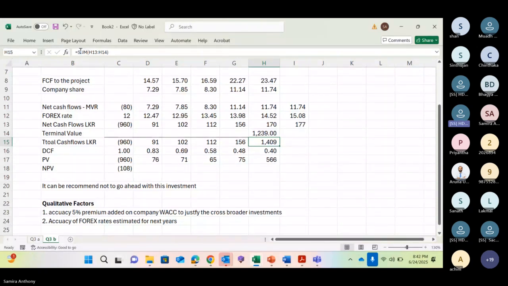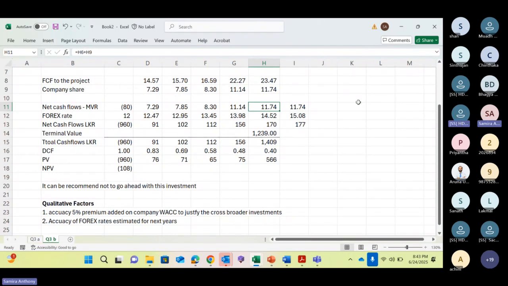Can you explain it again, sir? Because they told us in Maldivian rupee terms there is no increase after the 5th year in the cash flow. 6th year also it will be the same. Got it? The 5th year cash flow will continue for the foreseeable future without any increase in Maldivian rupee.